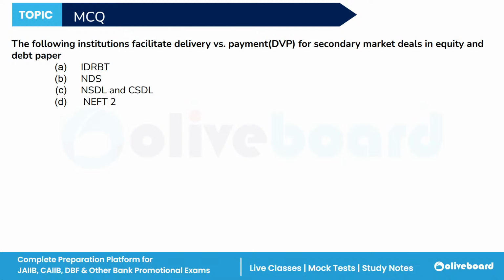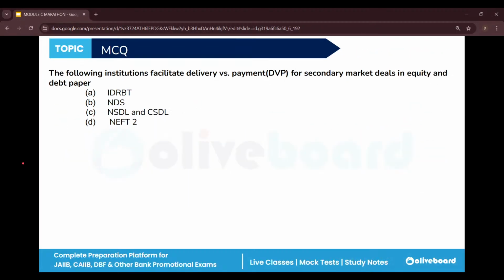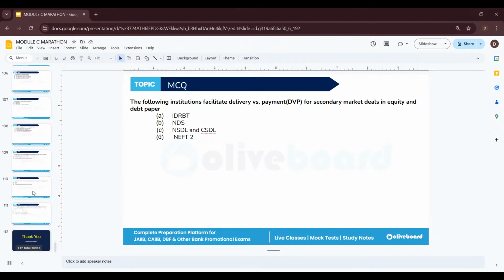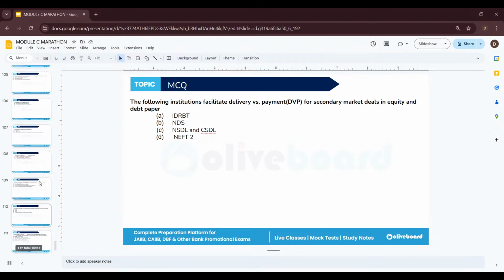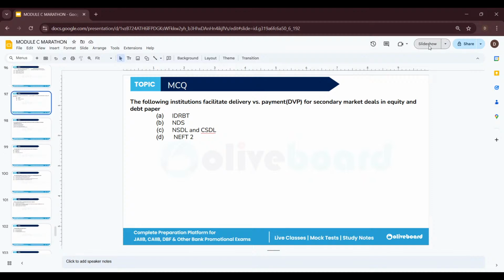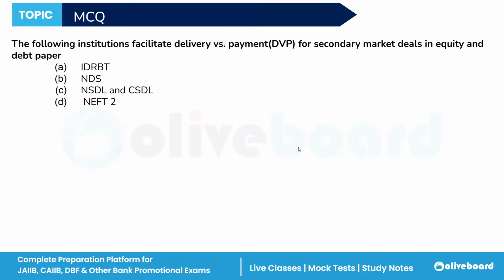The following facilitate delivery versus payment for secondary market deals in equity and debt paper. Basically, NSDL and CSDL.